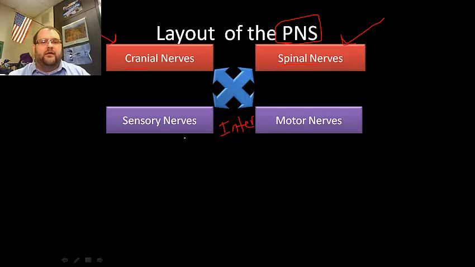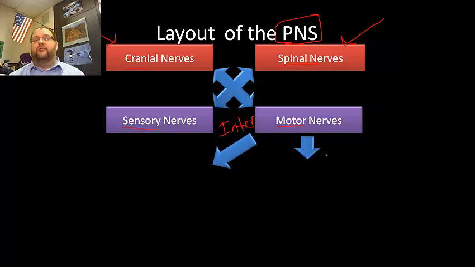But that's the major part. Cranial nerves and spinal nerves can either be sensory, they can detect and sense information, or they can send information to muscles.